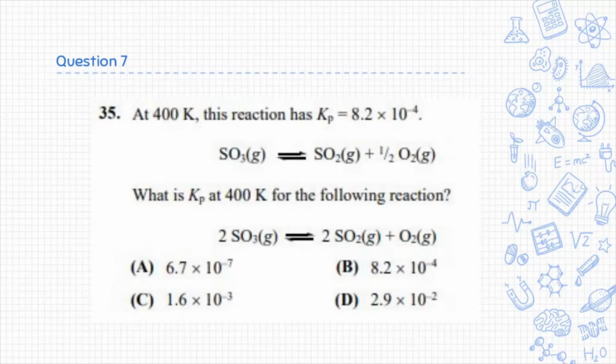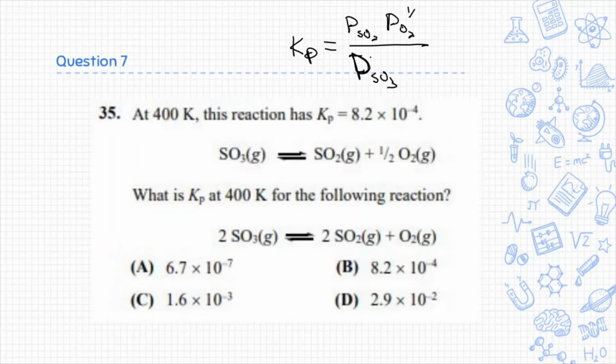There you go. Okay, so it looks like most people got the right answer, which is cool. The problem says at 400 degrees Kelvin, this reaction has a Kp of 8.2 times 10 to the negative 4. This is a gas phase reaction, and it's talking about Kp, so we would write it in terms of the partial pressures of the gases.